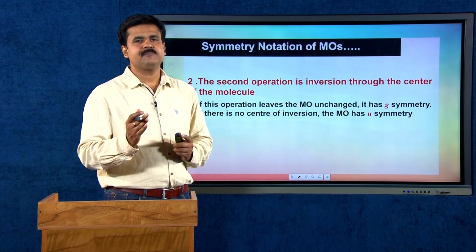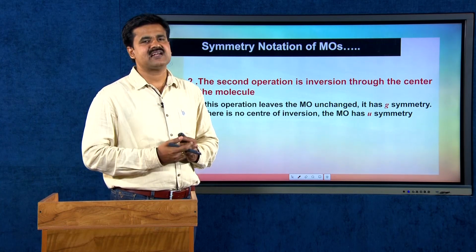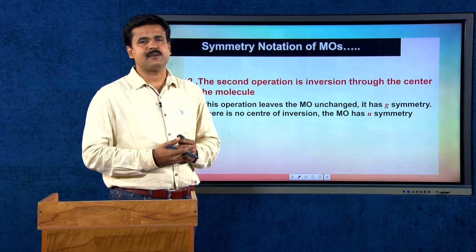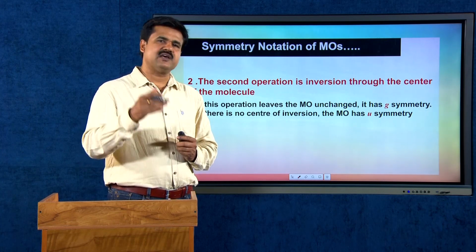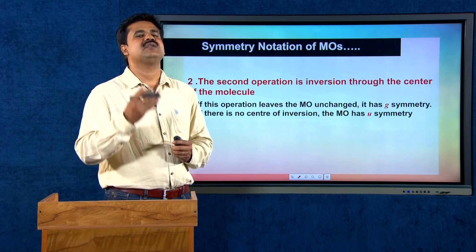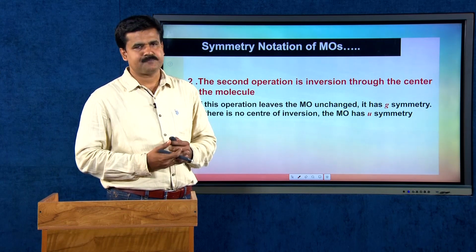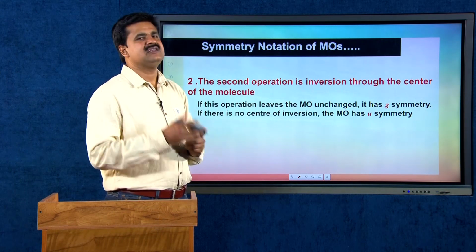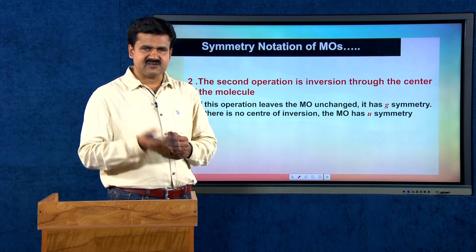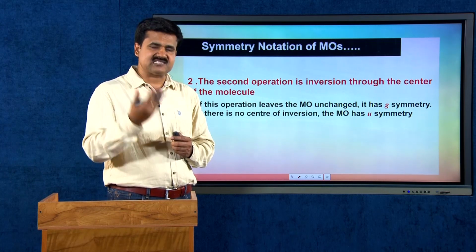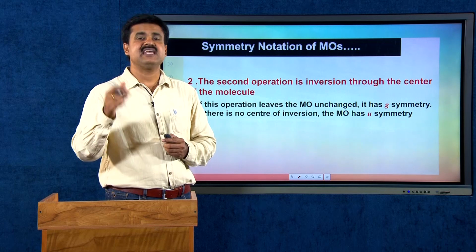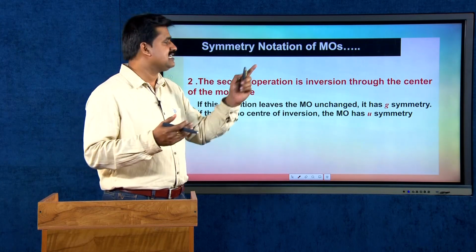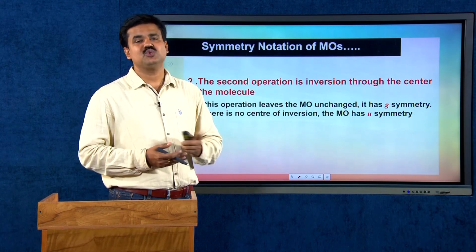So, in sum, we have to perform two symmetry operations. The first one is the rotation about the molecular axis, where we get two types of molecular orbitals, with sigma symmetry and with pi symmetry. The second operation is inversion, and this inversion classifies molecular orbitals again into two symmetries, that is g symmetry and u symmetry.